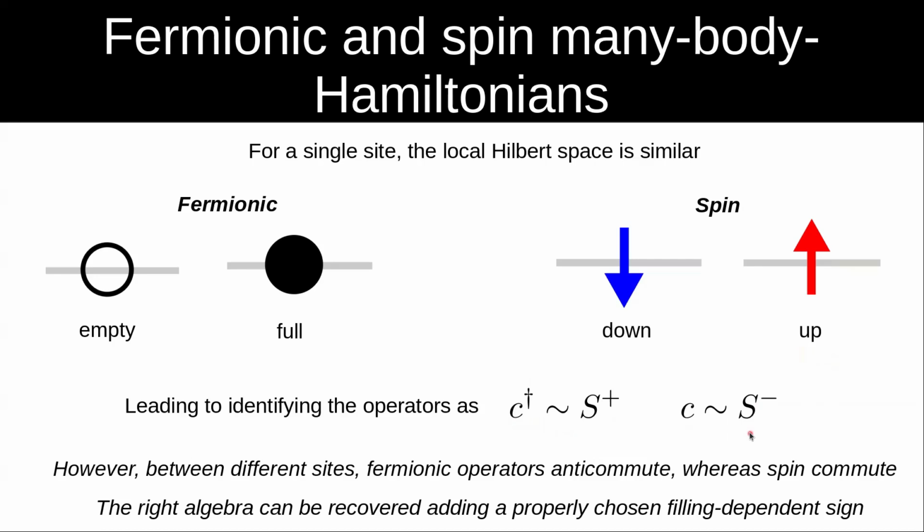We make this correspondence by realizing that the creation operator brings the empty state to the full state, and the S plus operator brings the down state to the up state.